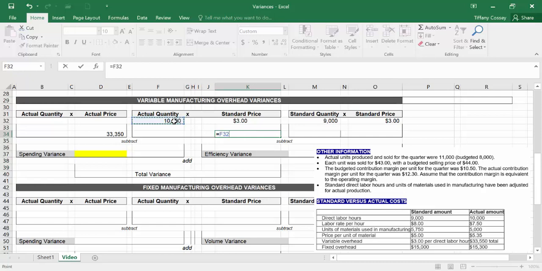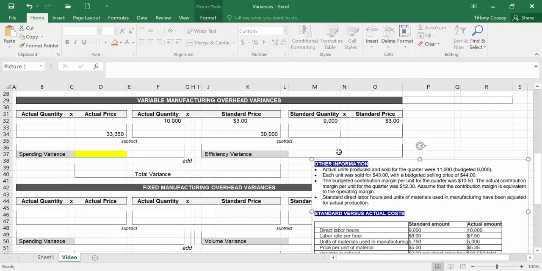For the second subset, it's 10,000 times 3, and for this third subset, it's 9,000 times 3. Then we just subtract from left to right. So we take 33,350 minus 30,000, and that gets us the spending variance that was asked for. It's positive, so that means that it's unfavorable.